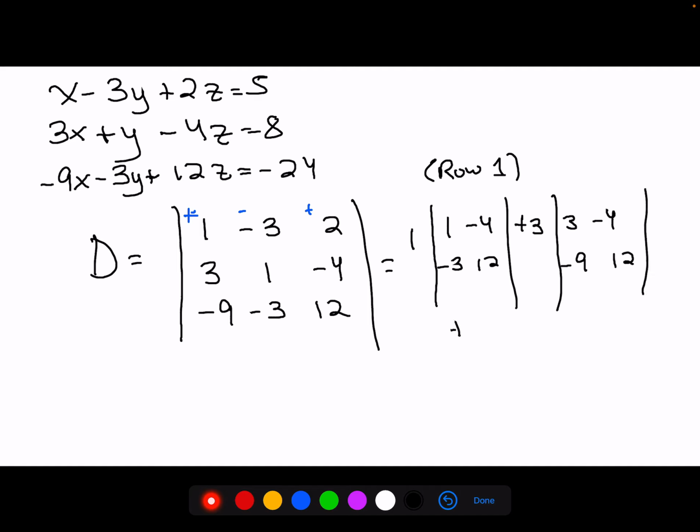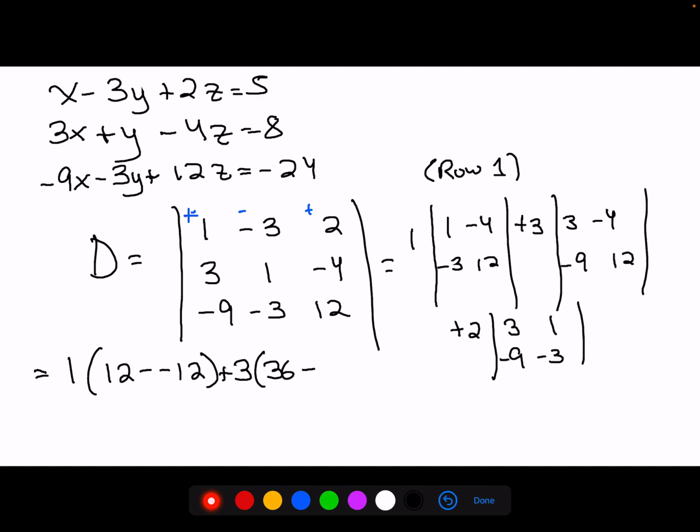And then +2, determinant of 3, 1, -9, -3. Okay. So I have 1 times 12 minus -12 plus 3 times 36 minus 36 plus 2 times -9 minus -9.